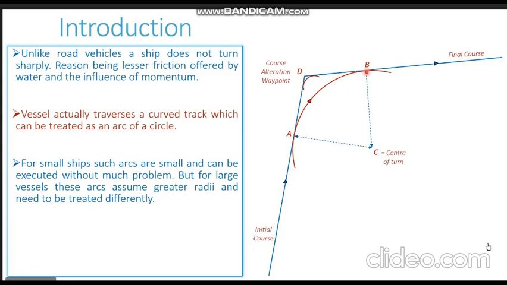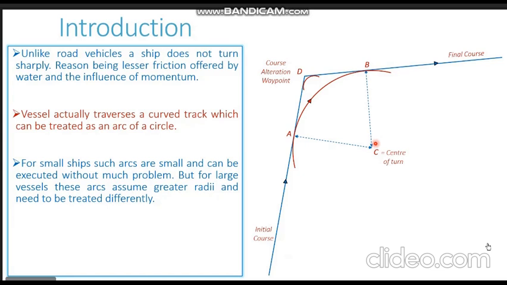It moves on the curved path up to point B. And from point B, Bravo point, it starts to again move on a straight line track, which is the final course. This is the center of the turn or the center of the turning circle represented by C, and Charlie to Alpha or Charlie to Bravo represents the radius of this turning circle.